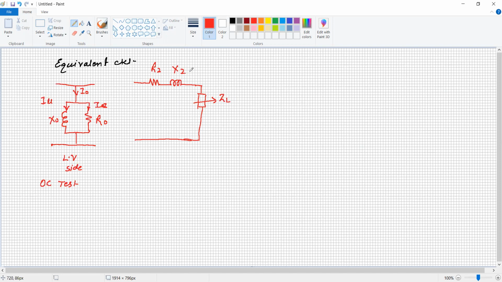We will not show the load over this one. So it is R2 and X2, from the HV side, from the short circuit test. So the first part of the equivalent circuit is on the LV side, or the primary side, and this is the secondary side.